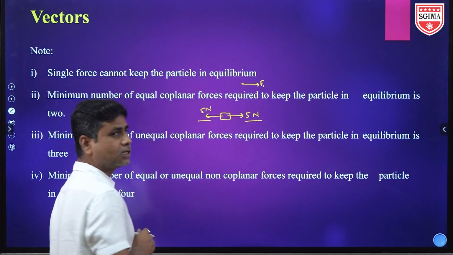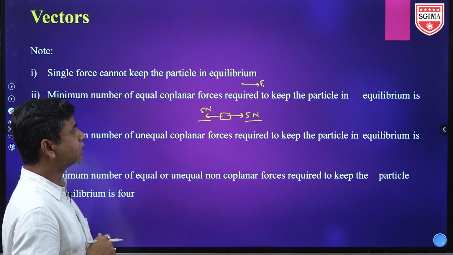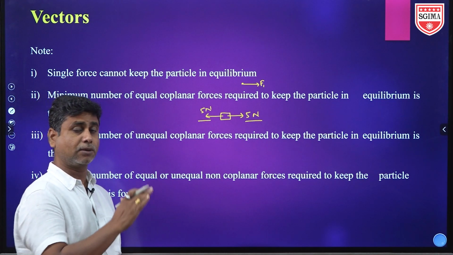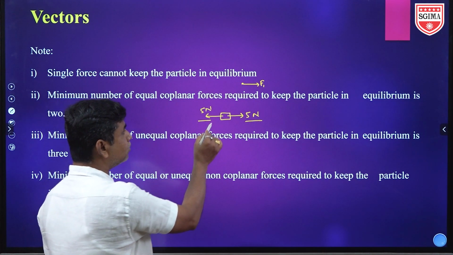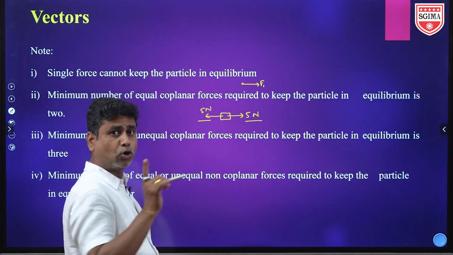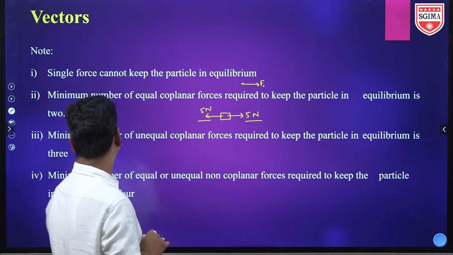Then the net force acting on the body is 0, because the right side force is taken as positive and the left side force as negative. Then the particle or body is at equilibrium. So here a minimum of 2 forces are required, but both forces are of equal magnitude.